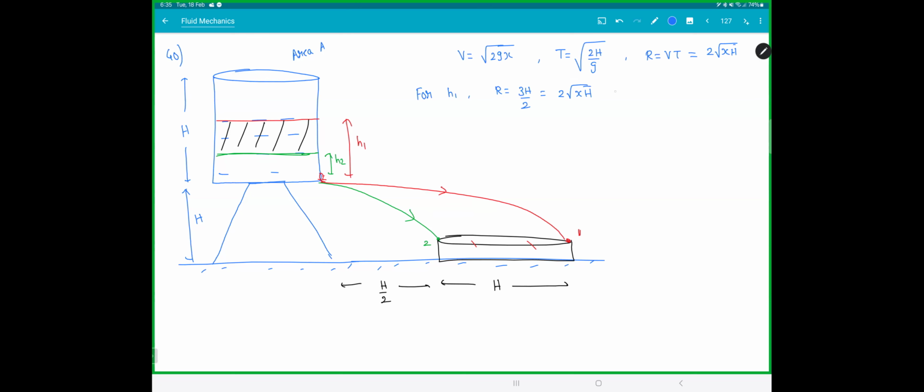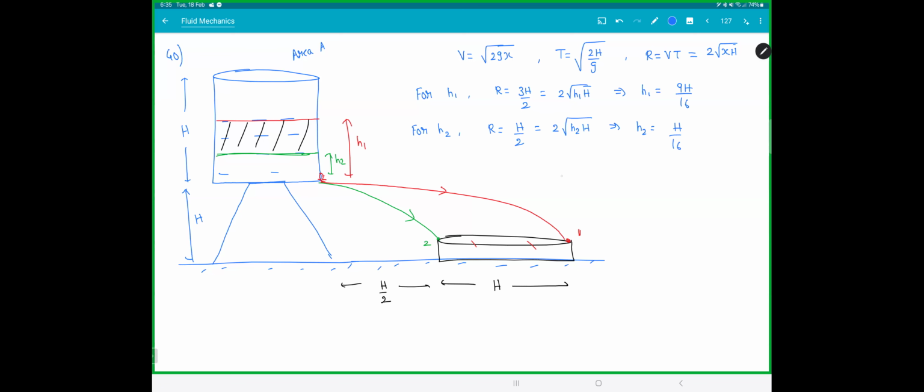Square on both sides, you end up with xh1 equals 9h squared by 16, so we get H1 is equal to 9h by 16. When the height of the liquid is H2, the range is h by 2, which is 2 root H2 h, so H2 is h by 16.